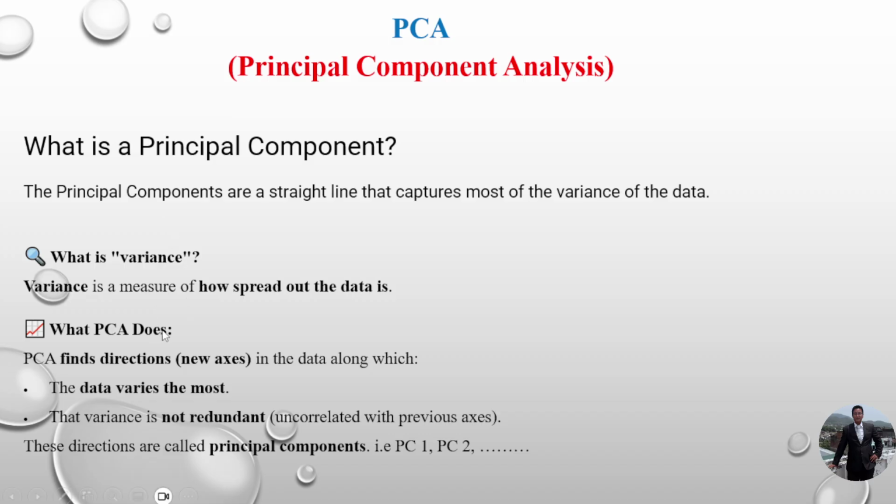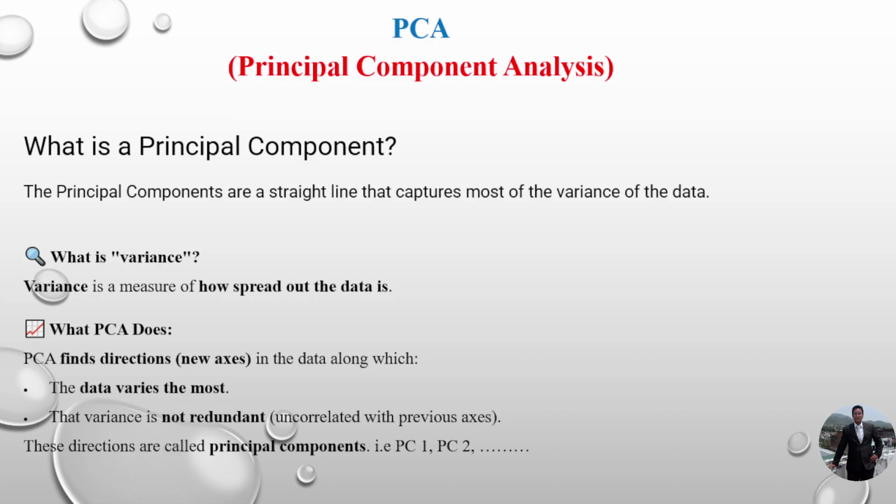PCA finds the directions, that is, the new axes in the data along which the data varies the most. That variance is not redundant or correlated with the previous axis. These directions are called principal components, for example PC1, PC2, and so on.